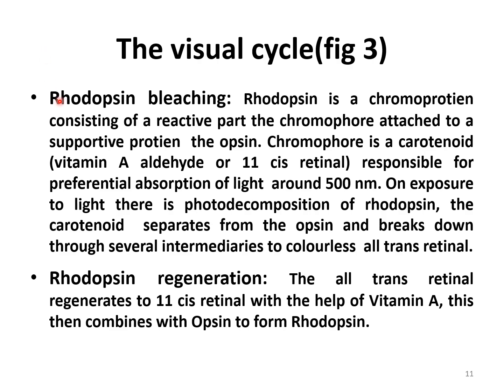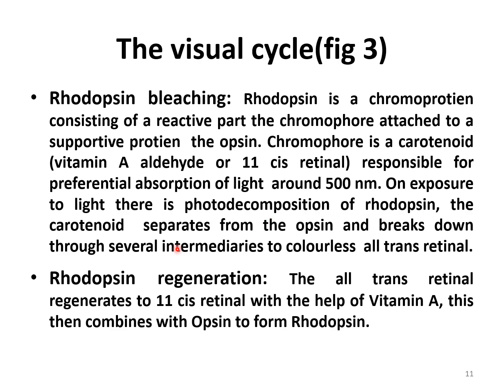Rhodopsin is a chromoprotein consisting of a reactive part, the chromophore, attached to a supportive protein, the opsin. Chromophore is a carotenoid, vitamin A aldehyde or 11-cis-retinal, responsible for preferential absorption of light around 500 nanometers. On exposure to light, there is photodecomposition of rhodopsin.